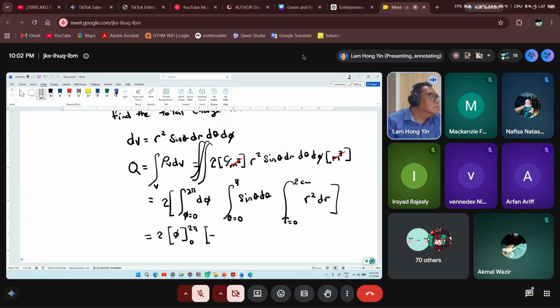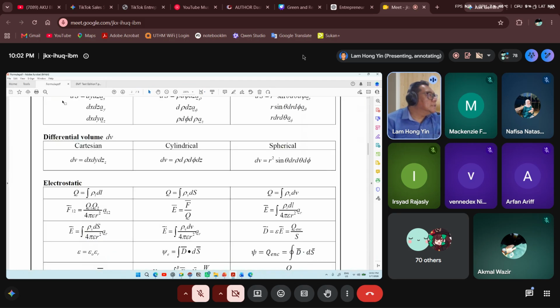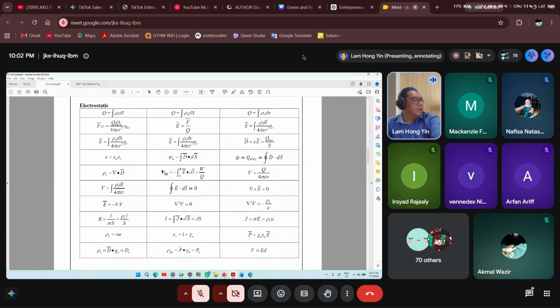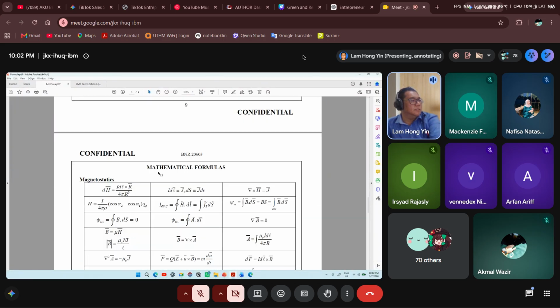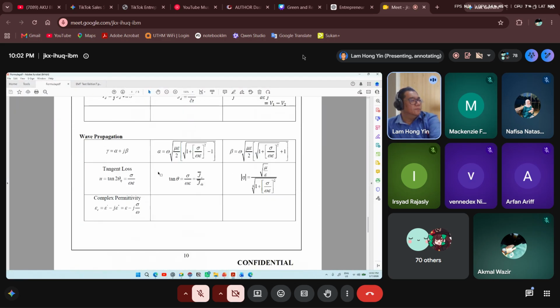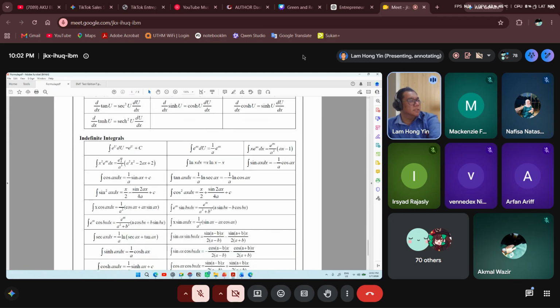How do I know? Because this is the normal integration. If you don't know, you refer back to the formula given. Which page? Look for the integrations, derivations and integrations.